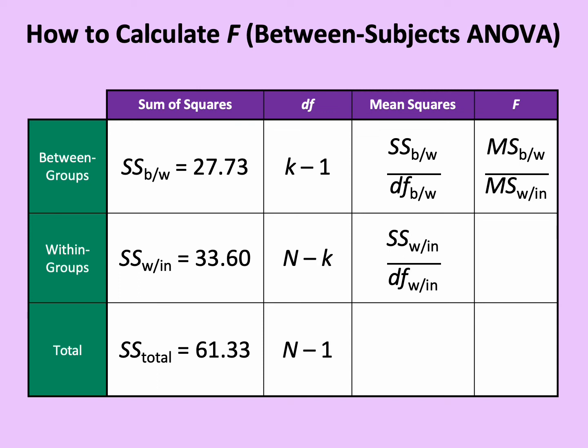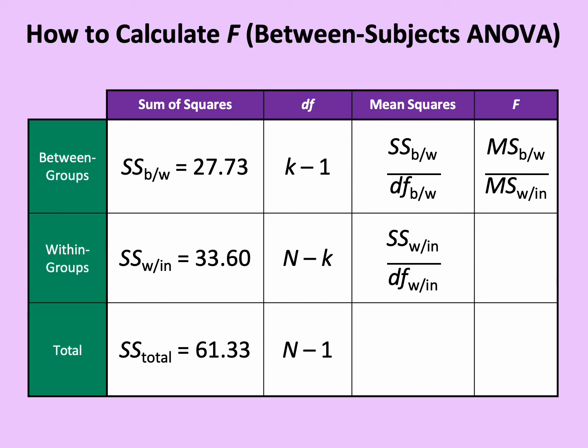Now we have our sum of squares column complete, and we need to calculate our degrees of freedom. You might remember from when we covered t-tests in 306 that degrees of freedom is essentially the number of values that are free to vary.